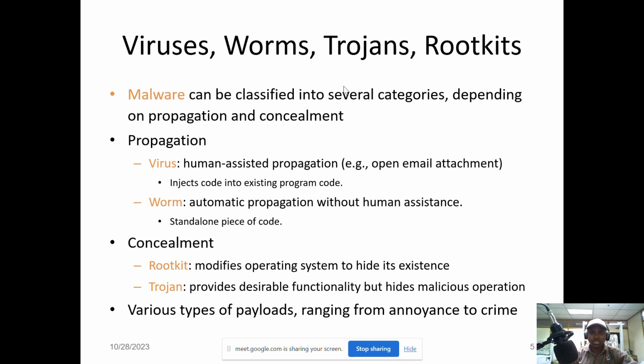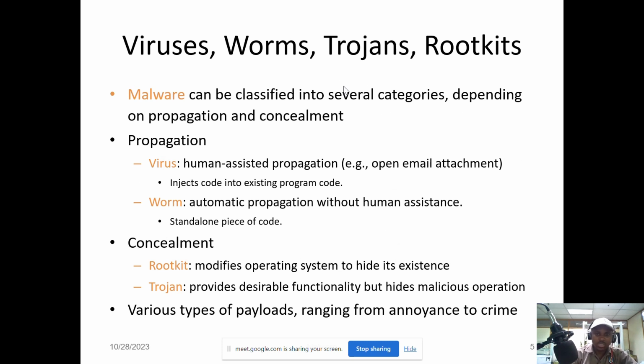Let's talk about the viruses, worms, trojans, and rootkits. So malware can be classified into several categories depending on propagation and its payload. On the propagation, if you look at the virus, normally it's human assisted propagation mostly. Like opening an email attachment, maybe you do not know that this email has a virus attached to it.